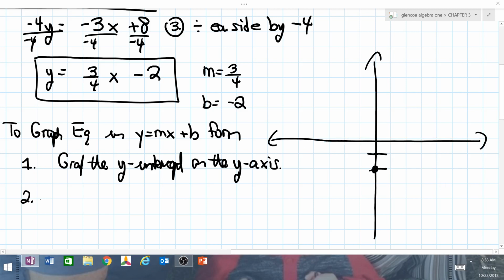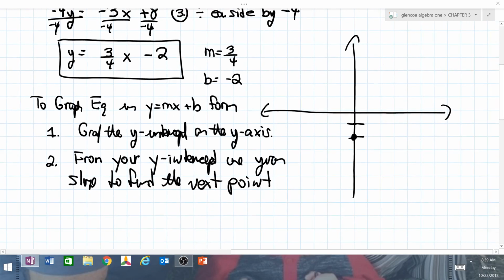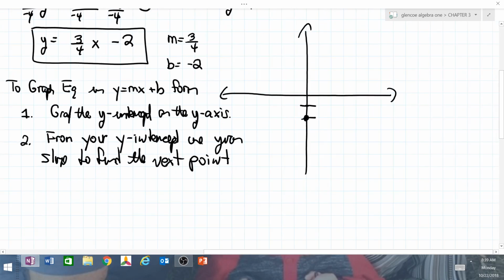Step number 2. From your y-intercept, use your slope to find the next point. Okay, so I'm going to give you something important here. Use your slope.